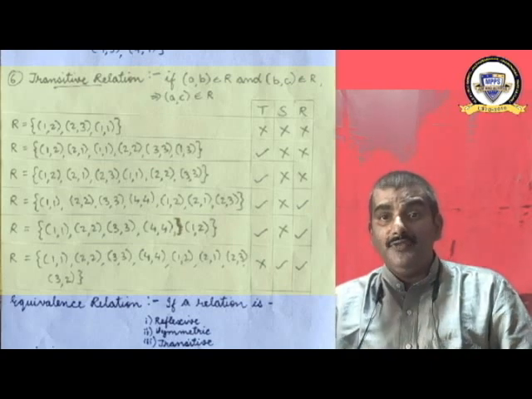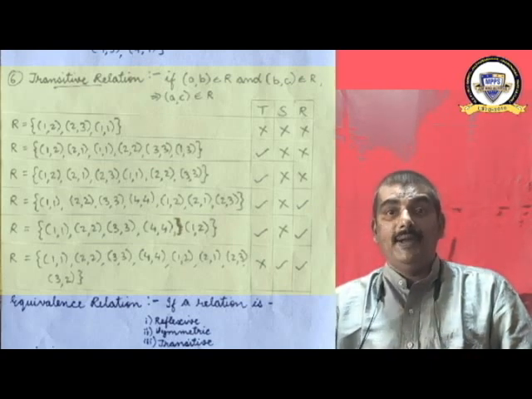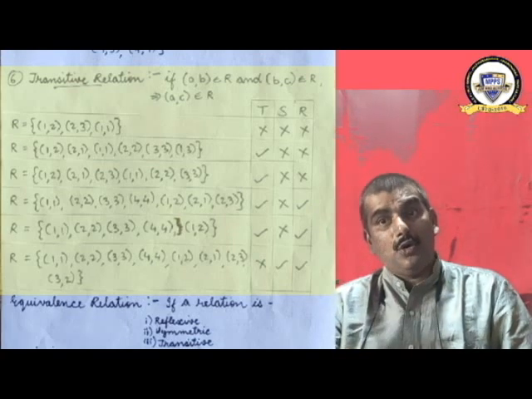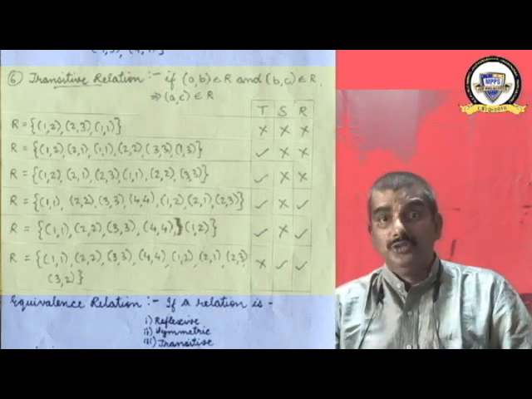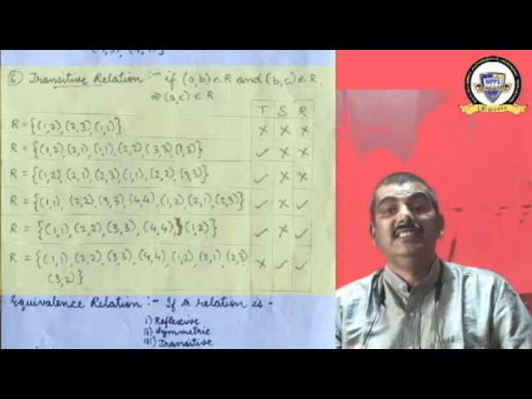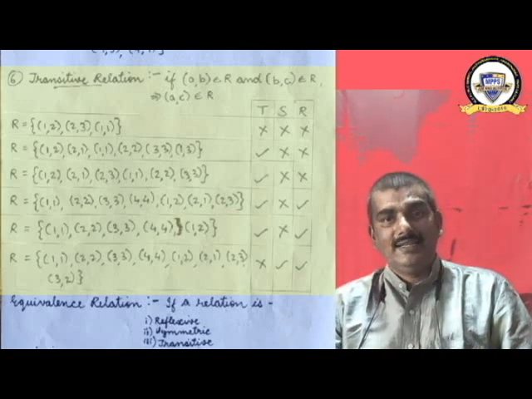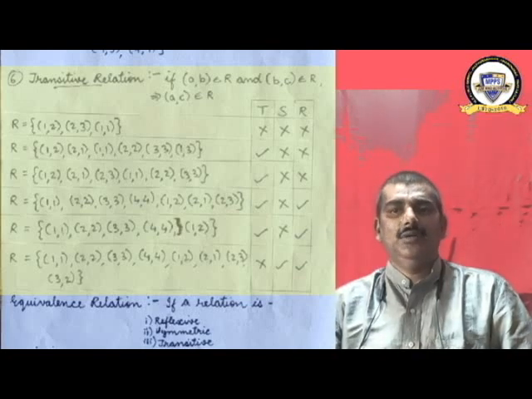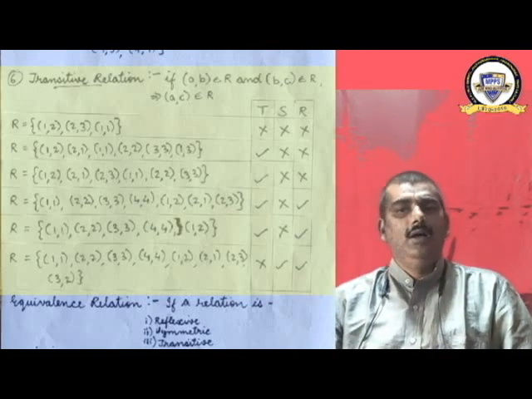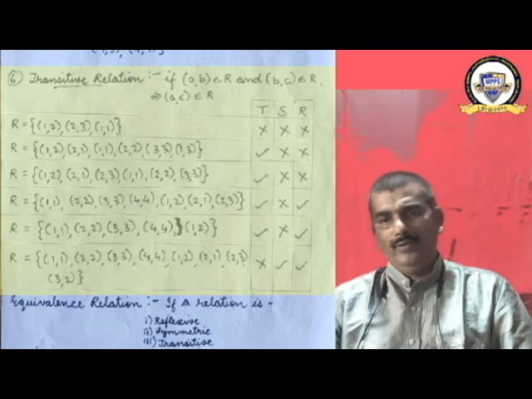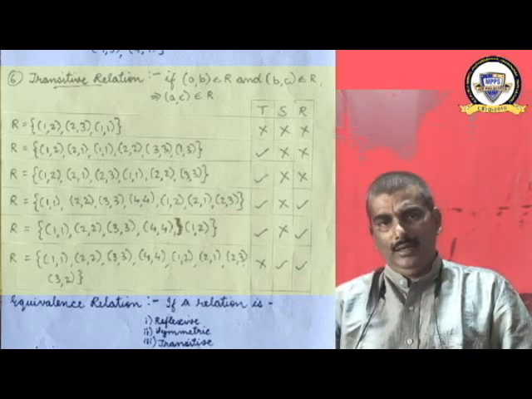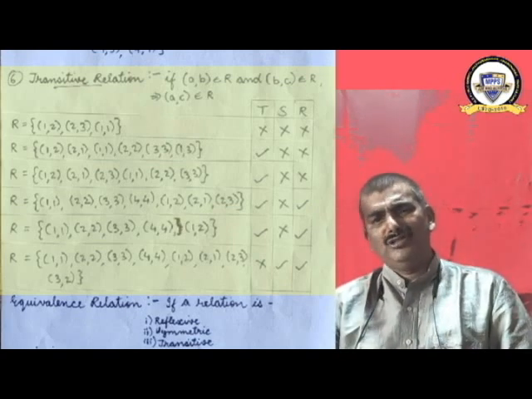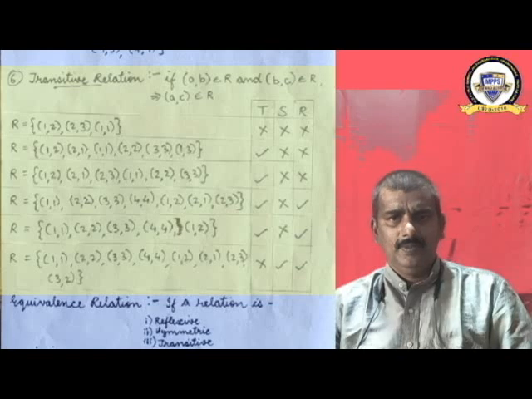If it is there in that relation, then it is called transitive, otherwise it is not a transitive relation. We will see with the help of examples. It is too confusing, so with examples it should be very clear.